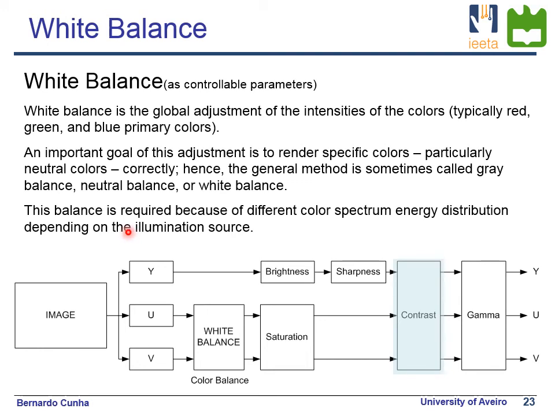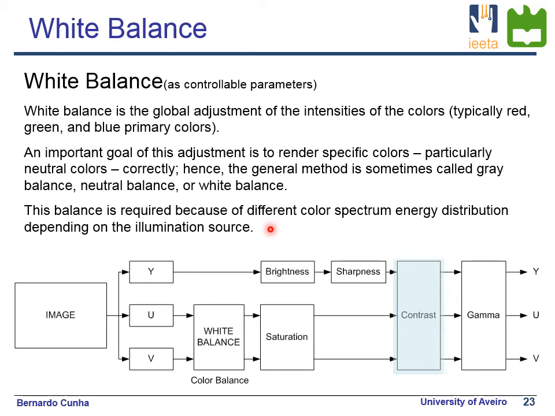And since you now are familiar with LED-based lamps, you know that one characteristic of these lamps is what we call the color temperature. The color temperature has to do with the way the intensity of the energy produced by the lamp is distributed across the spectrum.